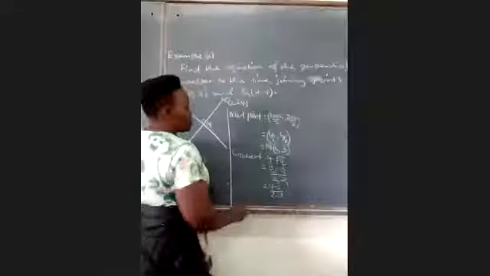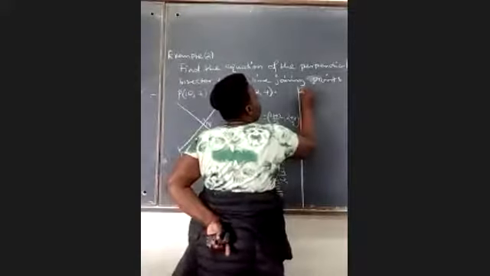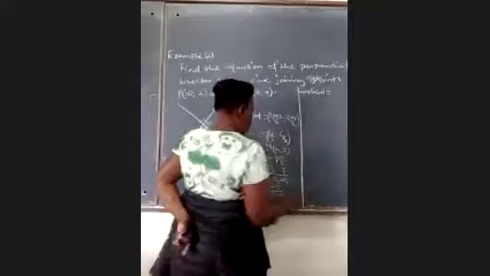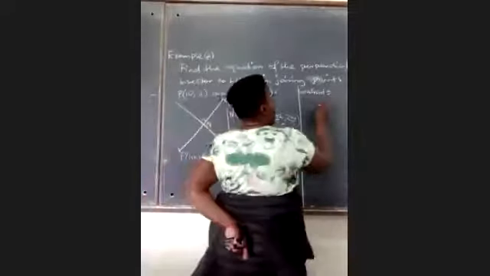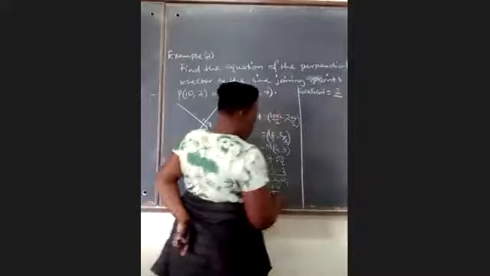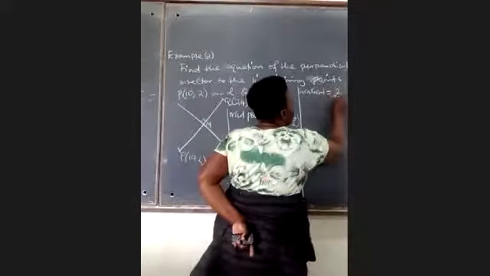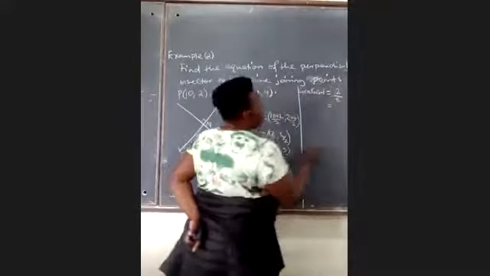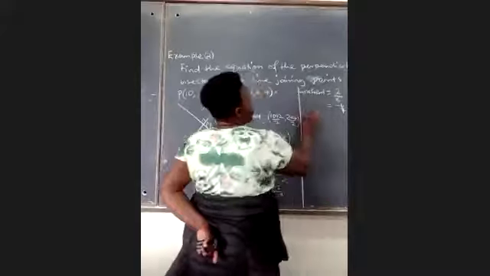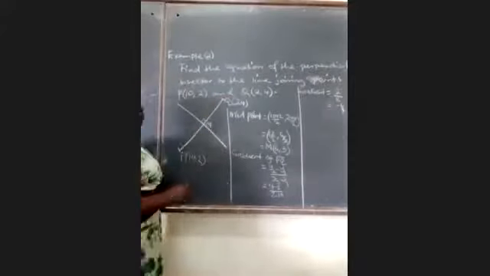So that is the gradient. So what do we get? 4 minus 2 is 2, and 2 minus 10 is -8, giving us -1 out of 4. So this is the gradient of the line PQ.